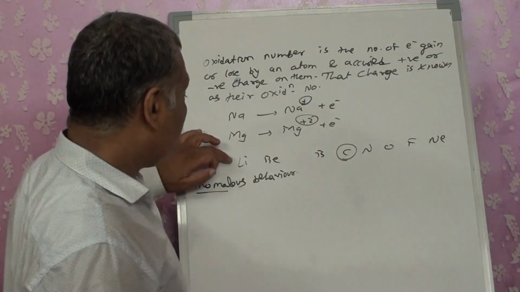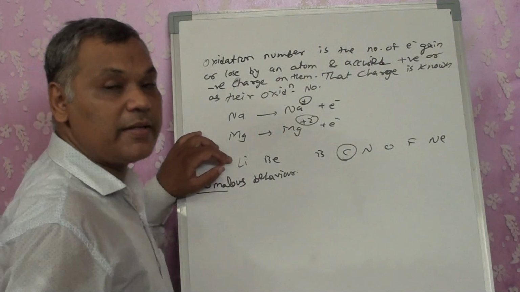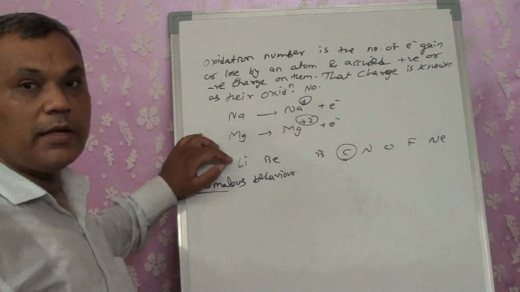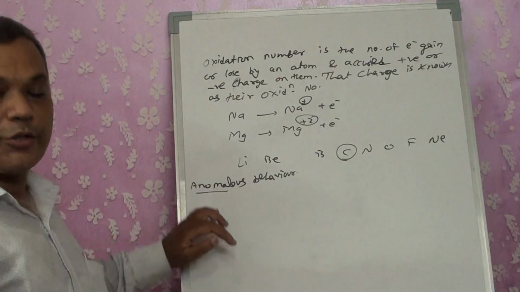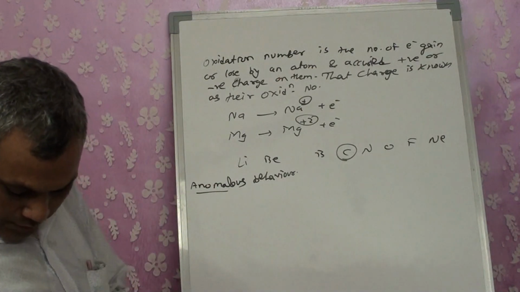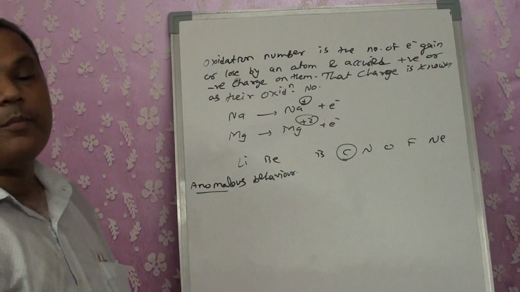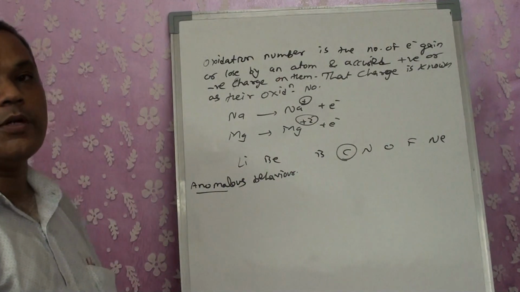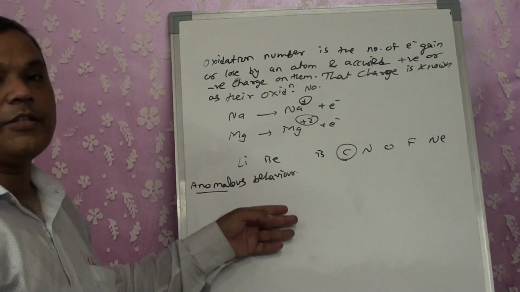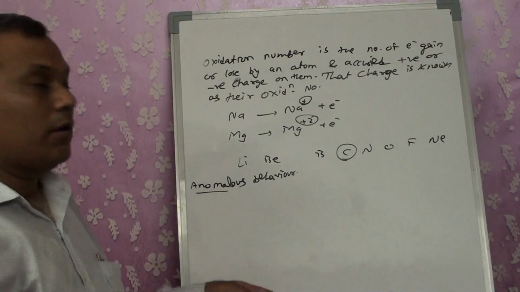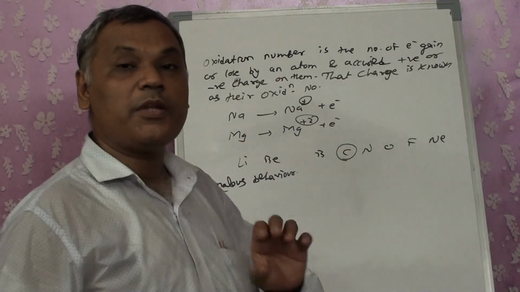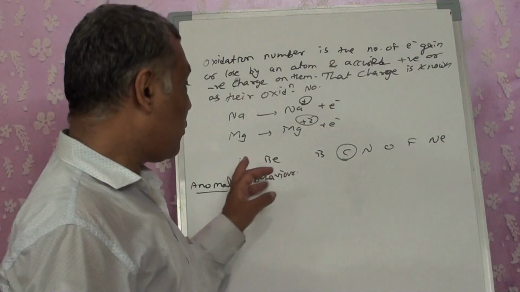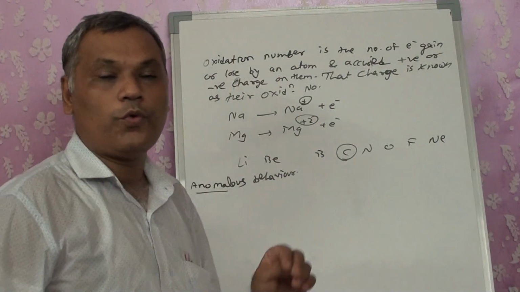Like I can say that lithium has different properties as compared to that of sodium, potassium, rubidium, cesium, francium. Right? Similarly, beryllium will have certain different properties compared to that of magnesium, calcium, strontium, barium. Right? So they are having different properties as compared to the property of their own group.